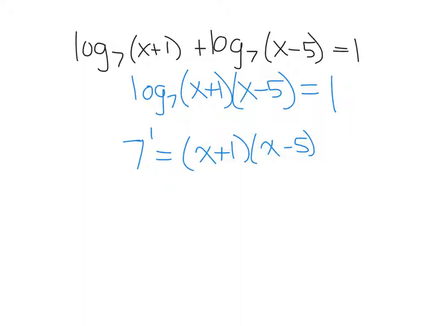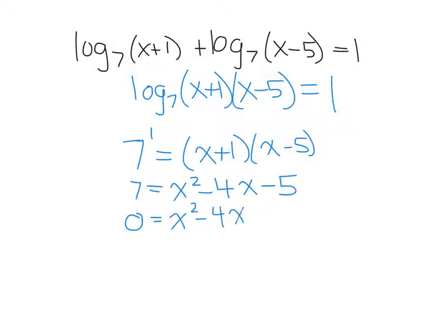So then I'm going to have to expand and collect everything on one side. So I'll have 7 equals, if I totally expand this bracket, x squared minus 5x plus 1x is negative 4x minus 5. And then I'm going to move my 7 to the other side, so I get 0 equals x squared minus 4x minus 5 minus 7, which is minus 12.